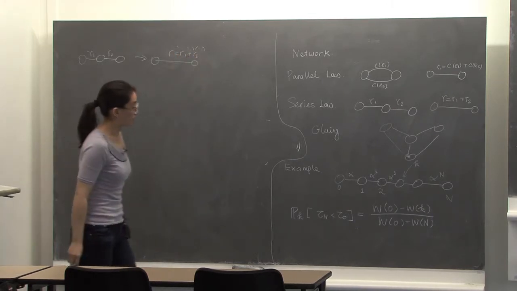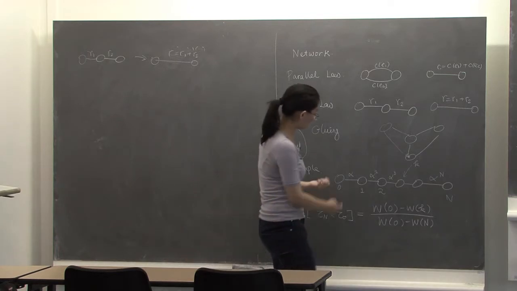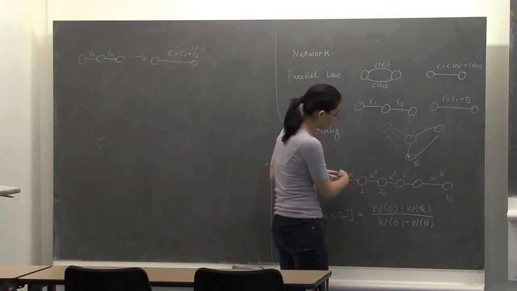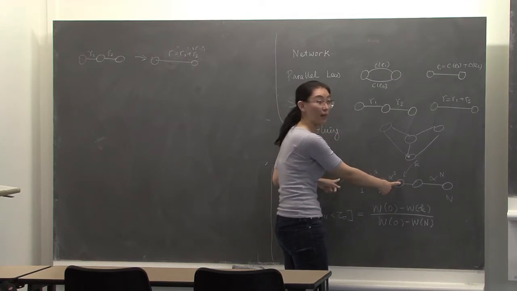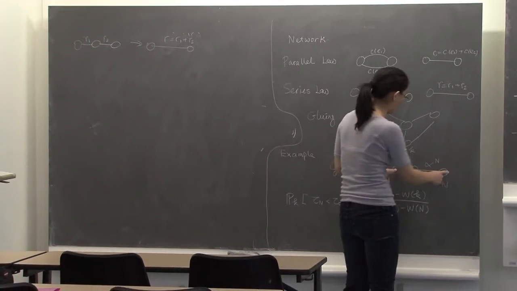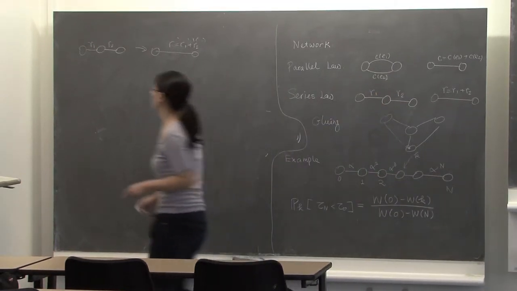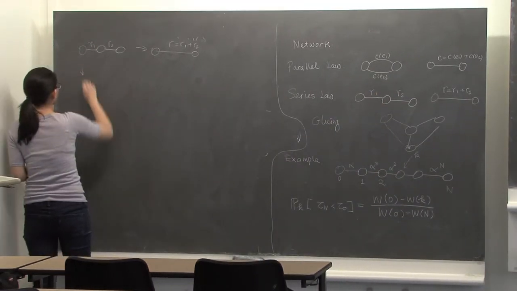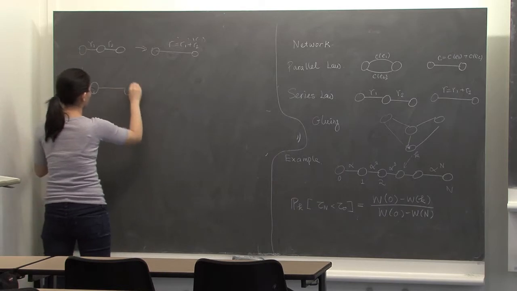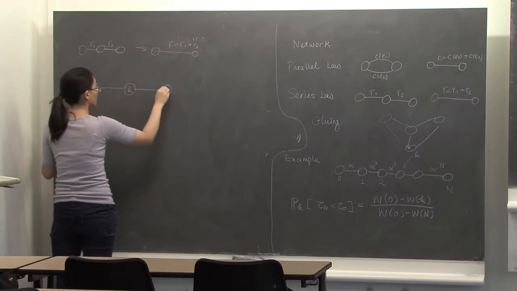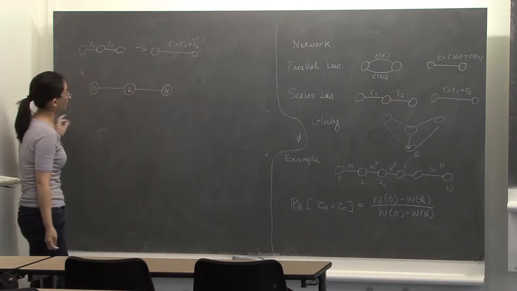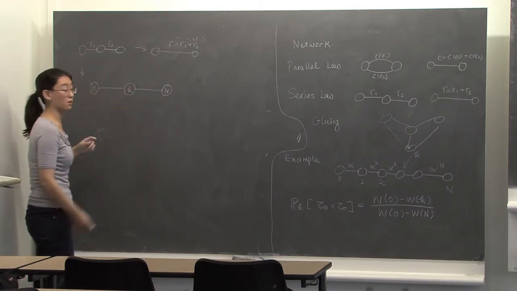We apply the same rule to all the edges from 0 to k, and to all the edges between k and big N. Then the network can be simplified to a network with only 2 edges and 3 vertices.